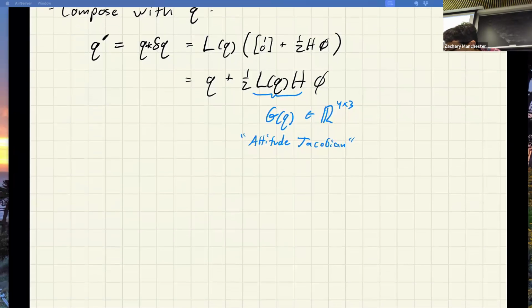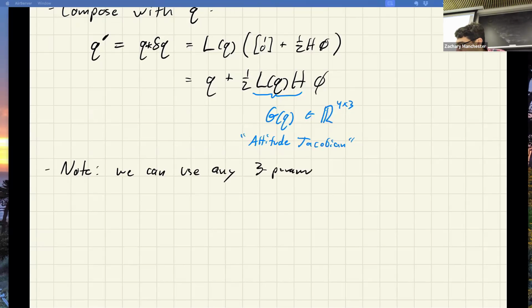So I'm going to just write that down real quick. Note, we can use any free parameter rotation representation we want for phi in this stuff.